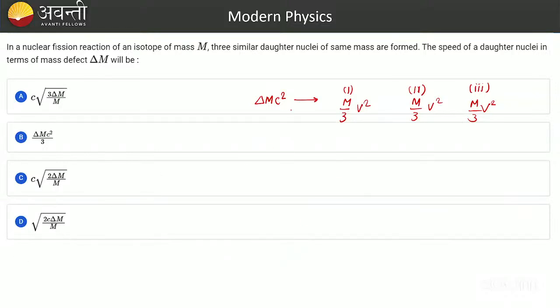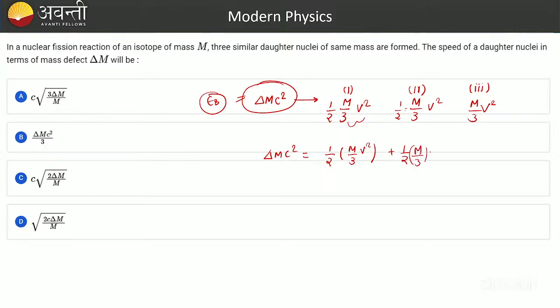So I hope you have tried to solve it. Now, this delta M c square is nothing but the binding energy for the differential mass, or we can say the mass defect. And these are the daughter nuclei, so they will also have 1 by 2 m v square of kinetic energy. So all of that energy will be given by delta M c square equals 1 by 2 M by 3 v square plus 1 by 2 M by 3 v square plus 1 by 2 M by 3 v square.